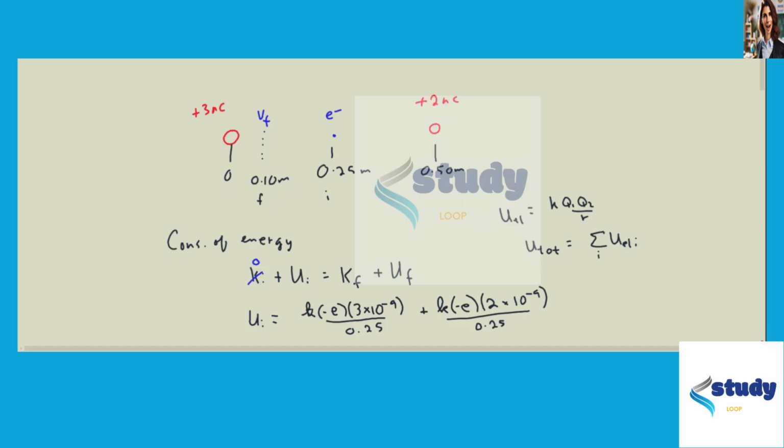Okay, and we can use the standard value that K is 8.99 times 10 to the ninth in SI units. And here I'm going to see that the 10 to the ninth will cancel the nano, so I'm going to make things a little bit easier here.